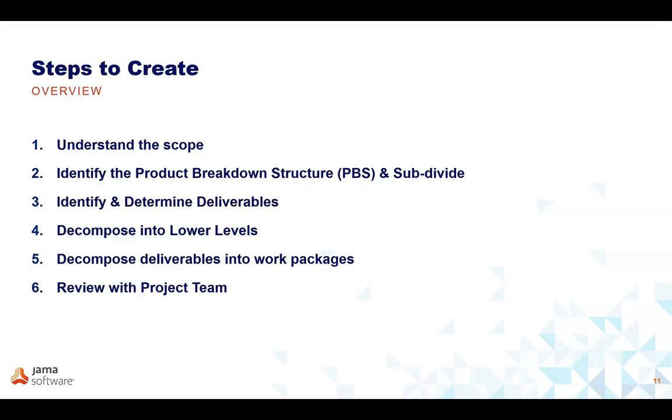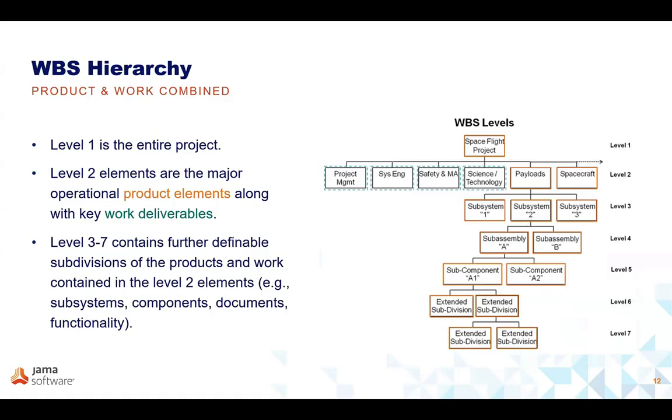And you want to review it. You want to make sure that everybody agrees that this is the product and these are the deliverables, and that you have that buy-off from the larger team. So when you're creating the work breakdown structure itself, most people use this hierarchy because you're breaking it down.